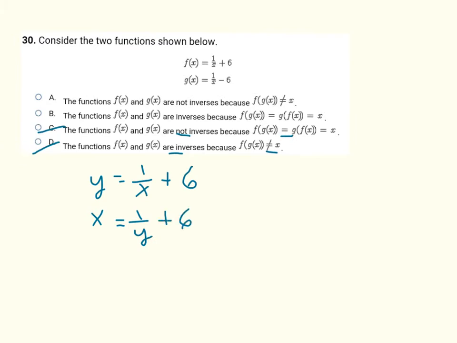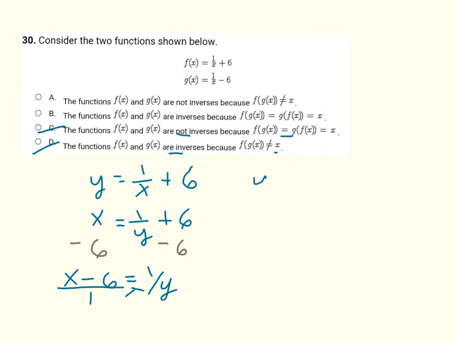And so now I'm going to subtract 6 from both sides. And I'm left with x minus 6 equals 1 over y. And so to go ahead and get that y out of the denominator, I'm going to put a 1 underneath here and then treat it like a proportion and cross multiply.